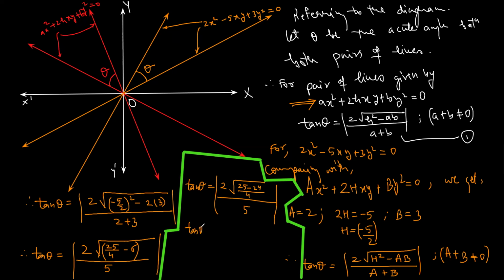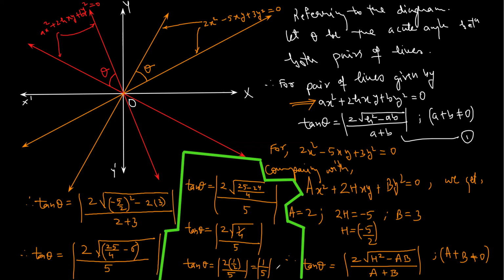So you have tan theta is 2 root of 1 upon 4 upon 5. You get tan of theta is mod of 2. Root of 1 upon 4 is again 1 upon 2. The whole upon 5. That is equal to mod of 1 upon 5.